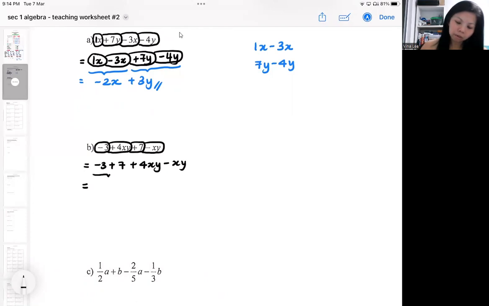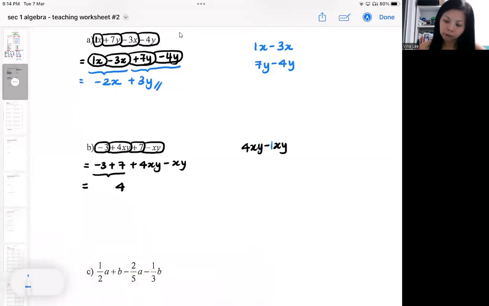Okay, so this part will give me a very nice number, 4. Then for this part, 4xy minus xy. So there is a 1 here. There's an invisible coefficient. So you can punch calculator 4 minus 1. So you get plus 3xy.